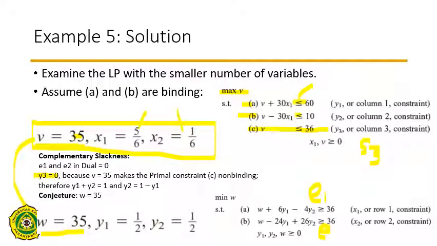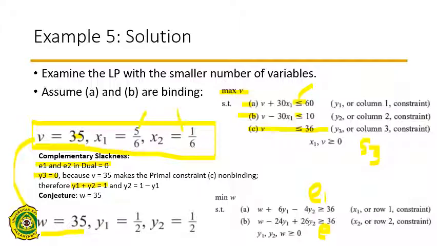Now let's use all this information that we've known so far. E1, E2 in the dual equal 0, Y3 equals 0. Because Y3 equals 0, the remaining decision variables that we have are Y1 and Y2.